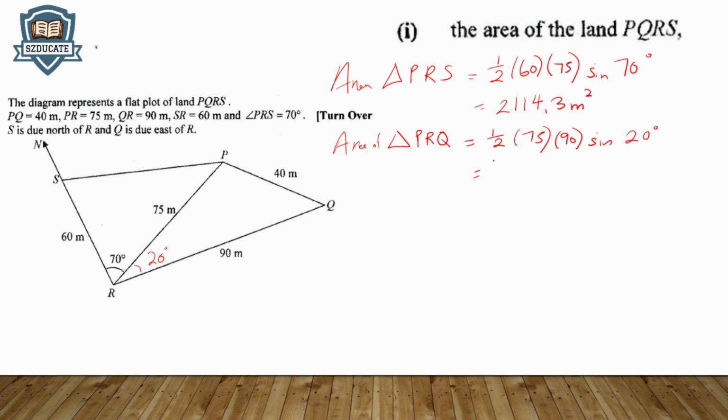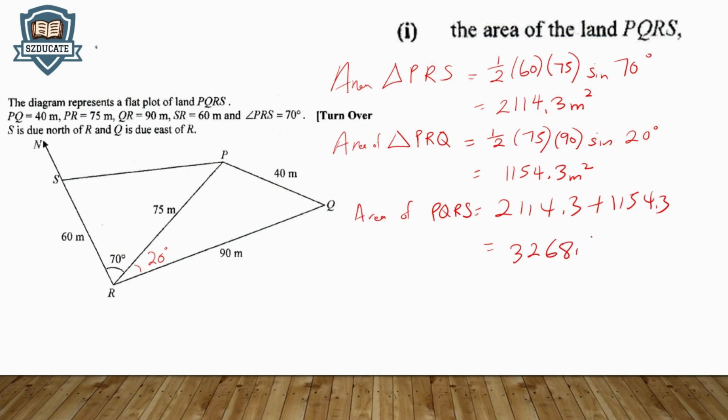So you'll get 1154.3 meters square. Add them together and you'll get 3268.6.